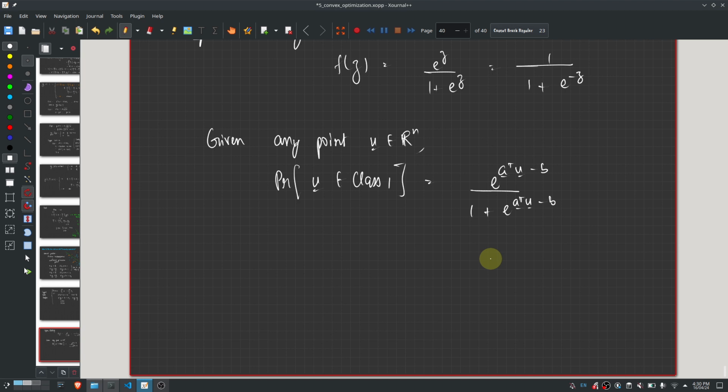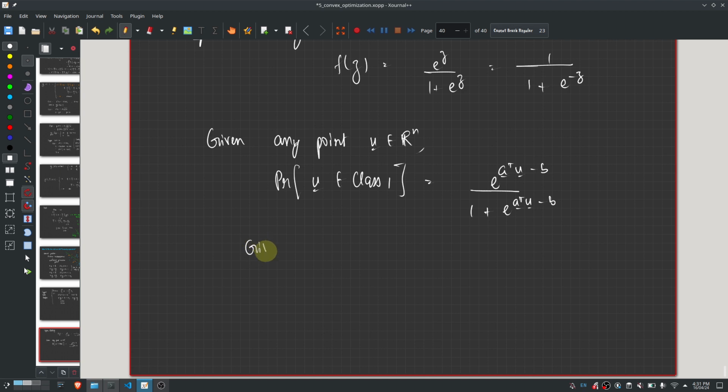And the probability that u lies in class 0 is basically 1 minus this. Since this quantity is always between 0 and 1, this is a valid probability distribution. For each point u, you independently set that to be in class 0 or class 1 with these particular probabilities.